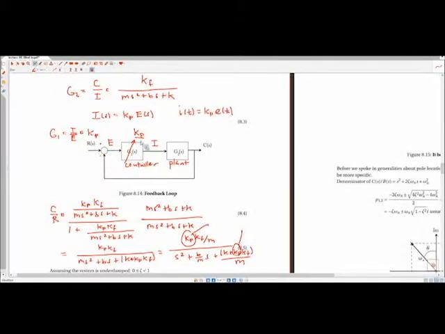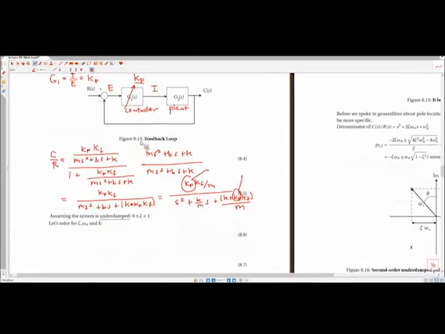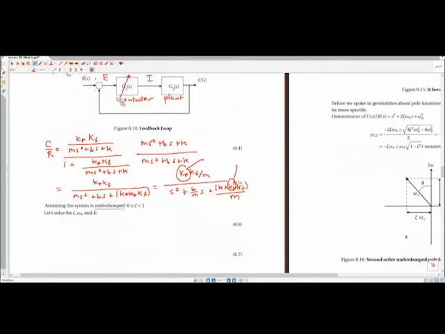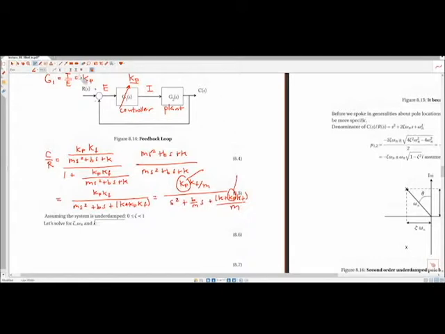By using the Laplace transform, we wrote this transfer function that relates the actual position to the desired position. If we look at this loop, the input is on the left-hand side, that's the reference. The output is on the right-hand side.